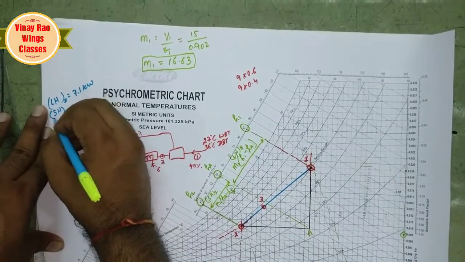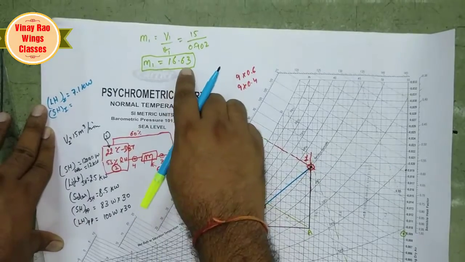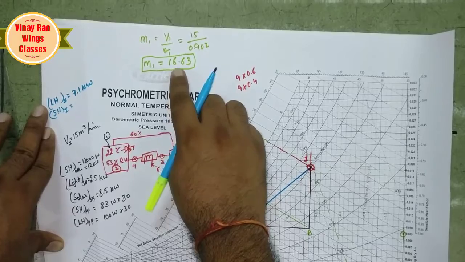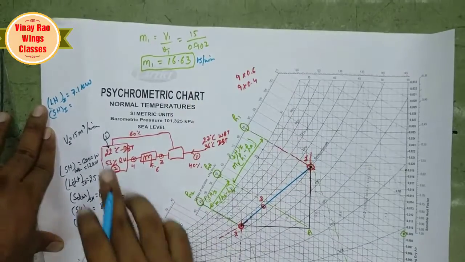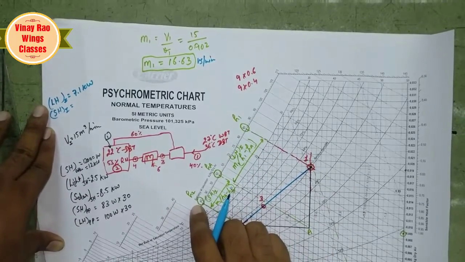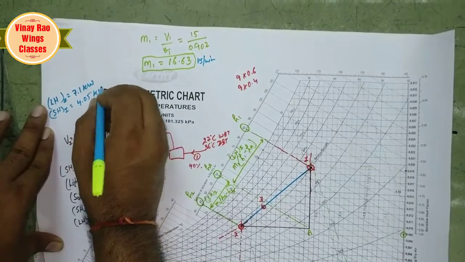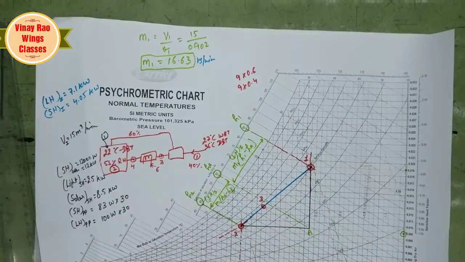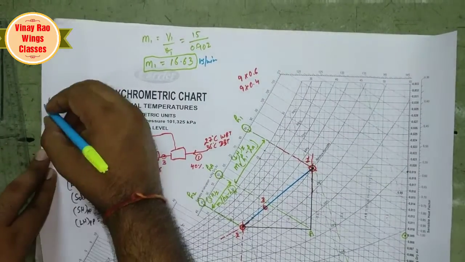Similarly, sensible heat due to infiltration: M1 is 16.63 kg per minute, H1 is 60, H2 is 45, so we get 4.05 kilowatt. So these are the parameters for sensible heat, and these are latent heats.